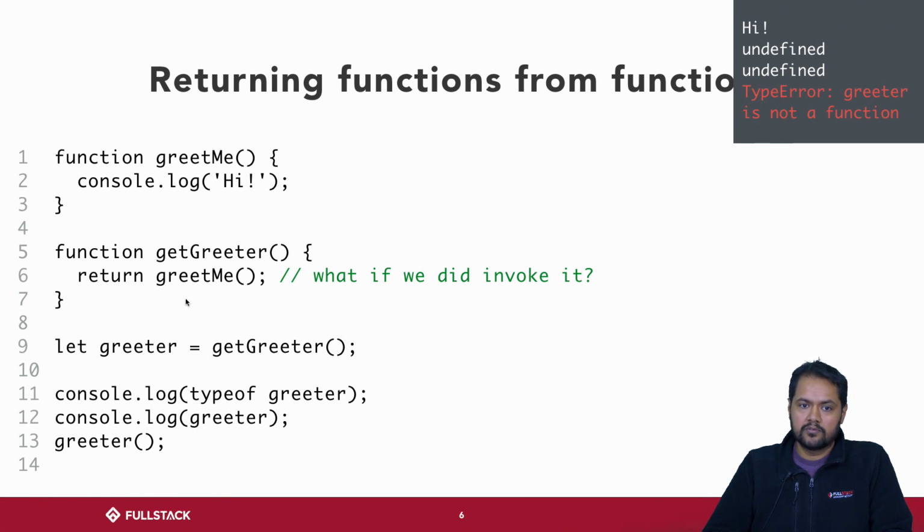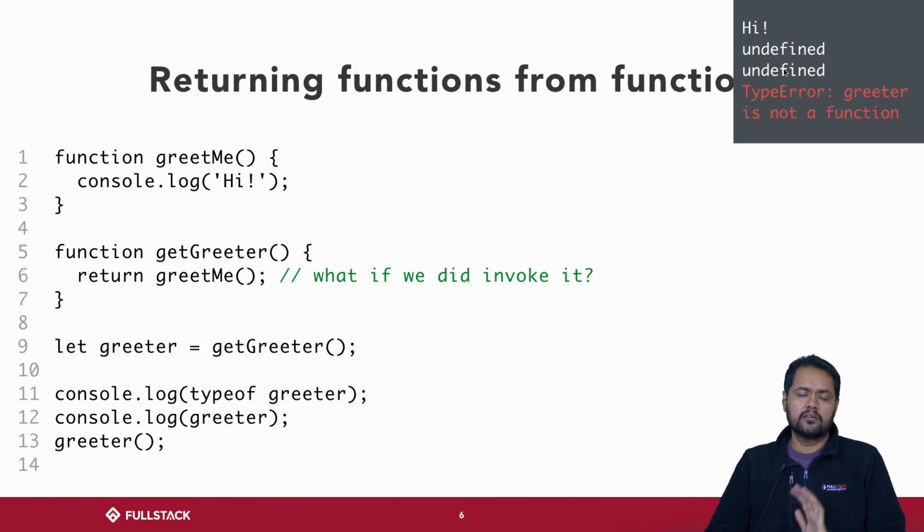But then because the return of this is just undefined, greeter will only be undefined, right? Because greetMe actually doesn't even return anything. So when you return a function that doesn't return anything, it will return undefined. So getGreeter will return undefined, greeter will then be equal to undefined, and so that's why we see undefined here and here. Okay, makes sense.